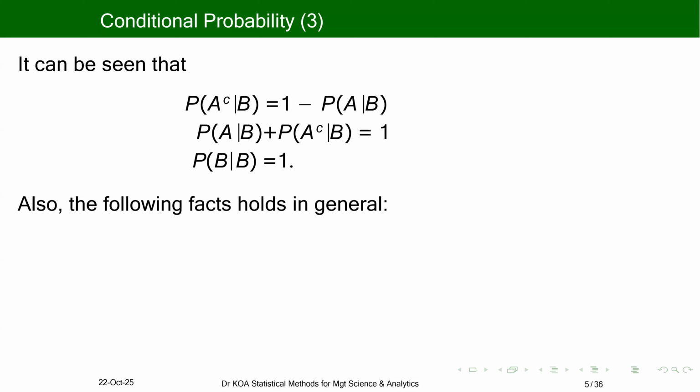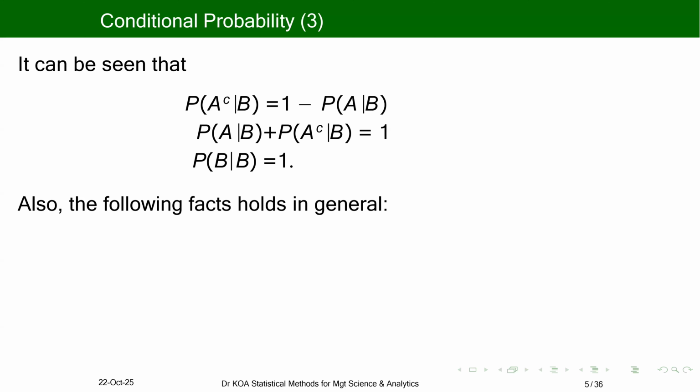Why is the probability of B given B equal to 1? Okay, so the probability of B given B is the same as the probability of B intersection B over the probability of B. And the probability of B intersection B is the same as the probability of B times B all over B. Everything cancels out and gives you 1.